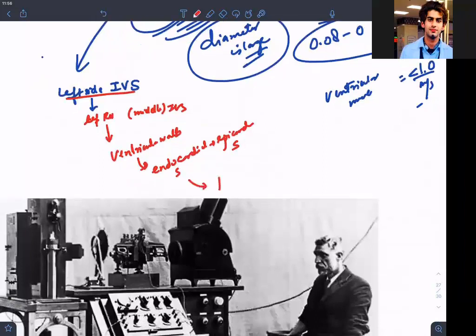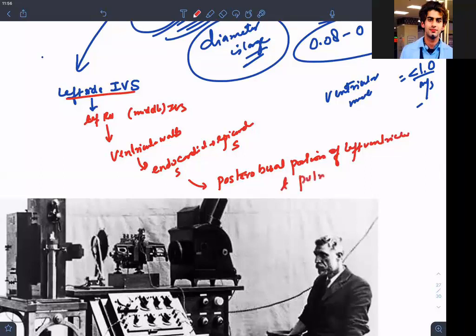So the last part to get depolarized is the posterobasal portion of the left ventricle, and the pulmonary conus. If I go into the anatomy, pulmonary conus and the uppermost portion of the septum. Are we clear, guys?